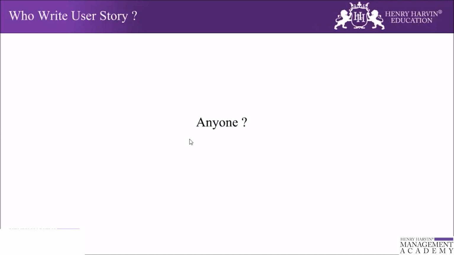Now the question that comes is: why do we want a user story? Why not something else? We already have certain requirement documentation with us, so why do we need to write the user story? Requirements always change as a team and customer learn more about the system as the project progresses.